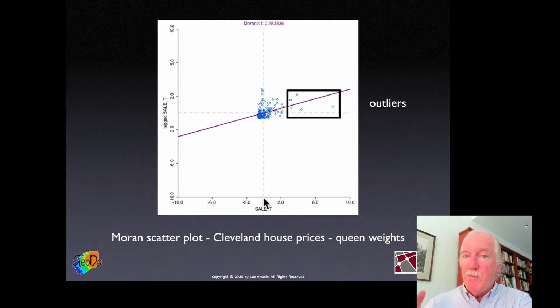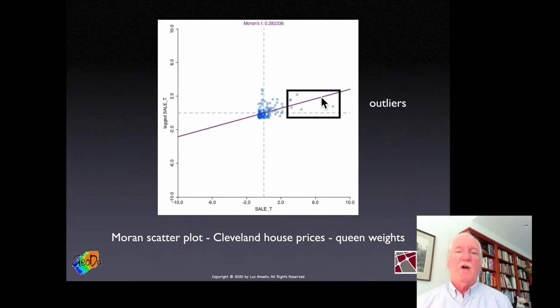Maybe this is a multi-million mansion that sold, and because of its relationship to its neighbors, this is the average of the neighbors, this is the rent itself, it actually pulls this line down. And so we can investigate this scatter plot.